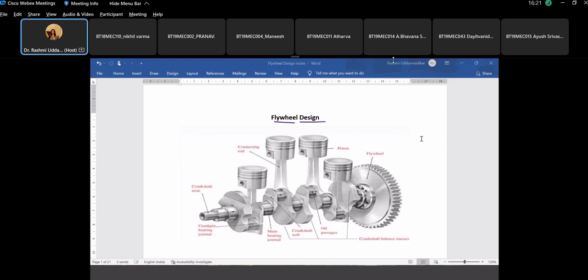And where do we use a flywheel? Who is roll number 23? Punching machines. Yes. Which machines, Kajal?